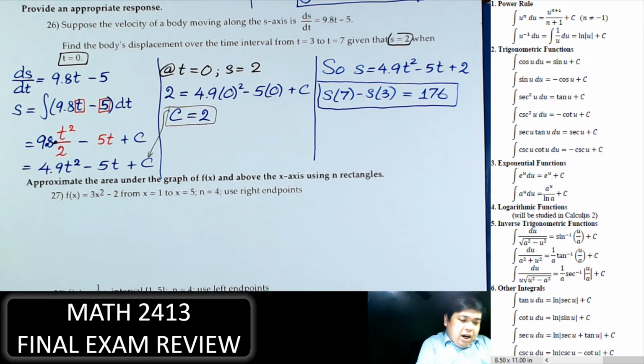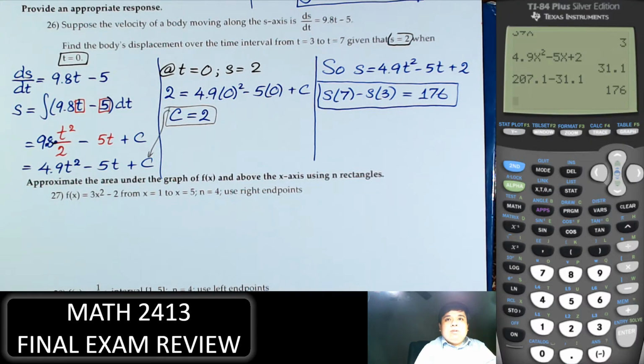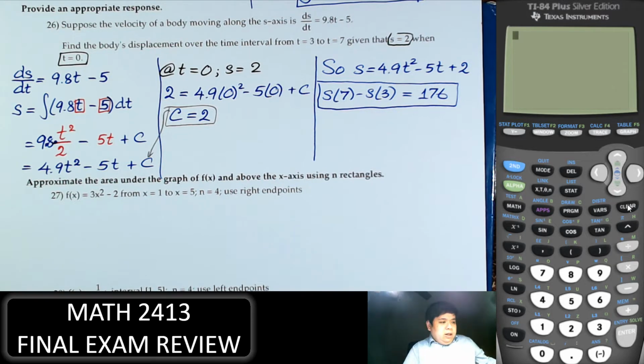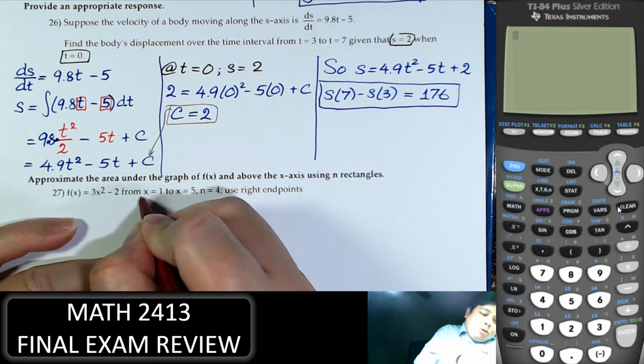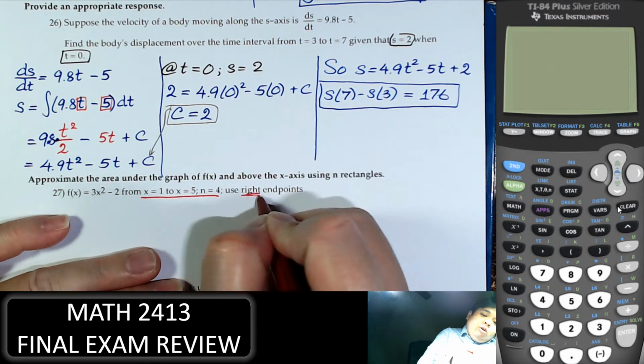Right, next, approximate the area under the curve above the x-axis using n rectangles. So we need the calculator on this one. Let's just do some sketch. First we have from x equal to 1 to x equal to 5 using 4 rectangles, and then we use the right endpoint.